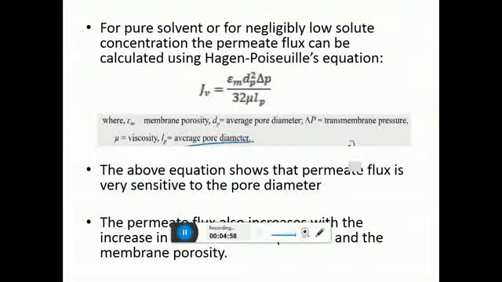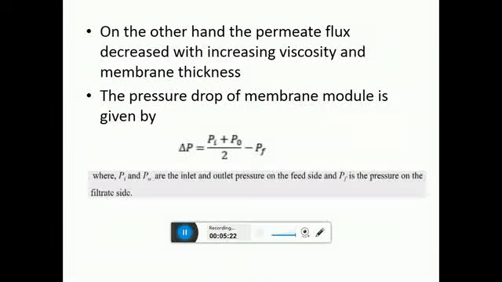For pure solvent or negligibly low solute concentration, the permeate flux can be calculated using Hagen-Poiseuille's equation. We can see that this is very sensitive to the pore diameter, meaning the pore diameter will greatly affect your flux.